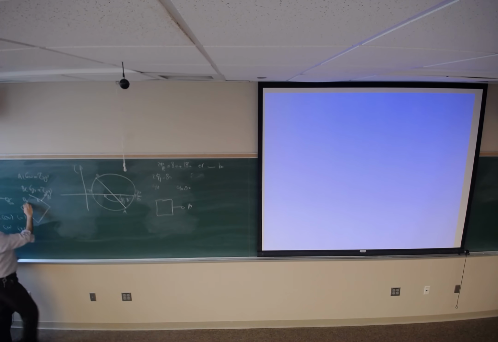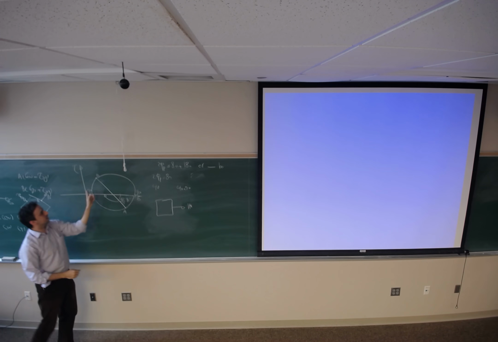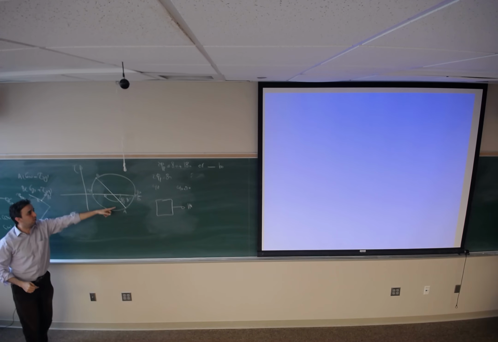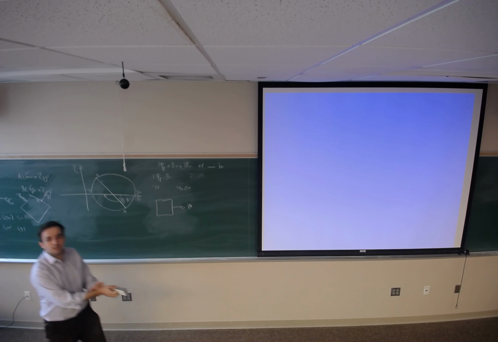Point B is going to see 20. If you rotate by half of this, then point A is going to see 20, and point B is going to see 110. Okay. Any other question?